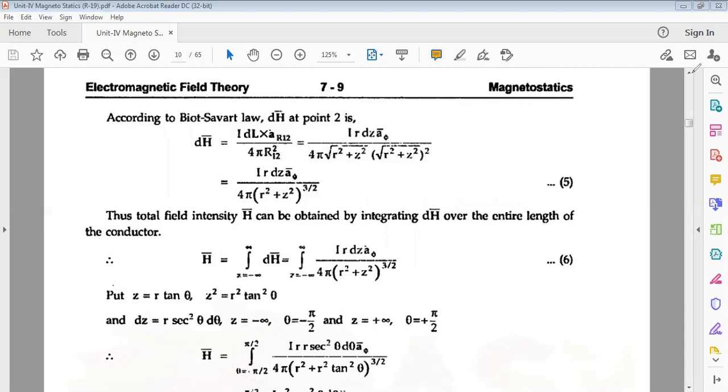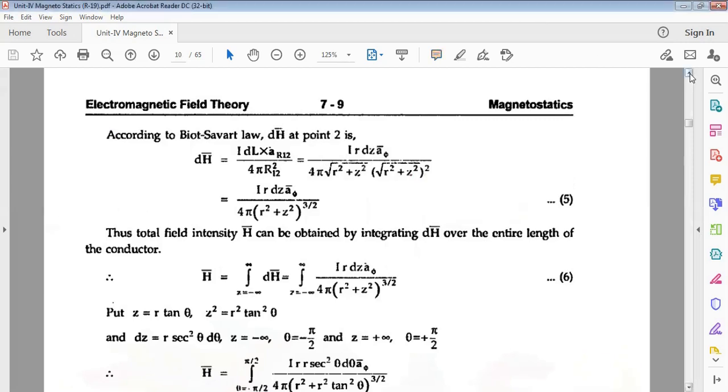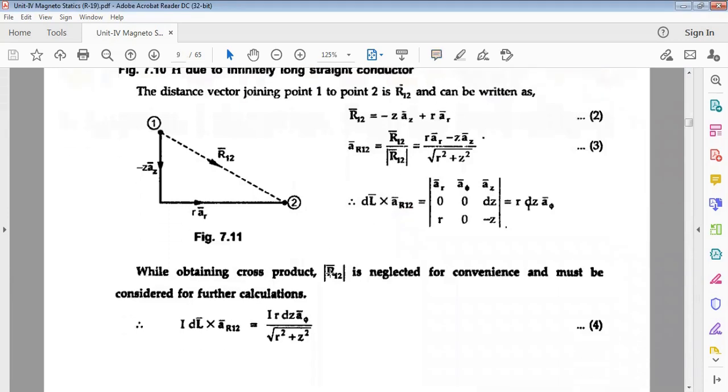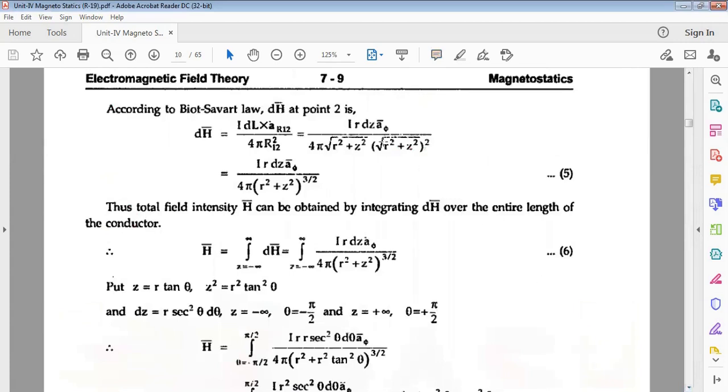And what is R12? The magnitude of R12 is the square root of z square plus r square, and its whole square is in the 4 pi term. This is only the function of I dl bar cross ar bar, so you can keep the square.